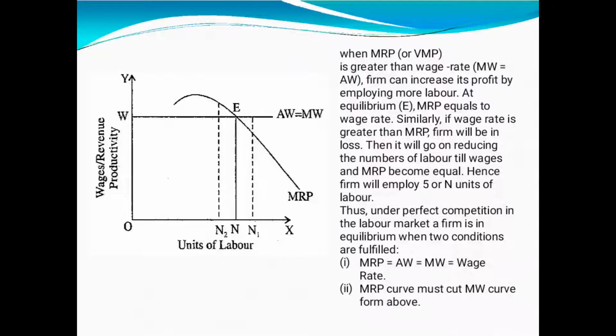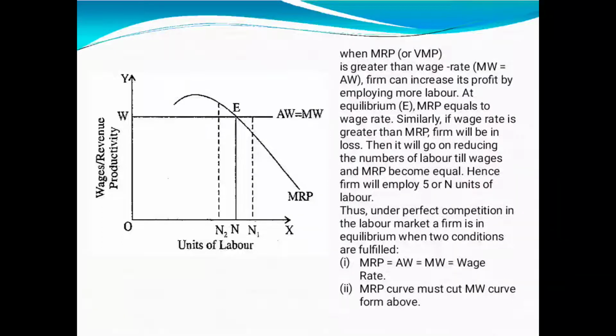Similarly, if the wage rate is greater than MRP, the firm will be in loss. Then it will reduce the number of laborers till wages and MRP become equal. Hence, the firm will employ 5 or n units of labor.